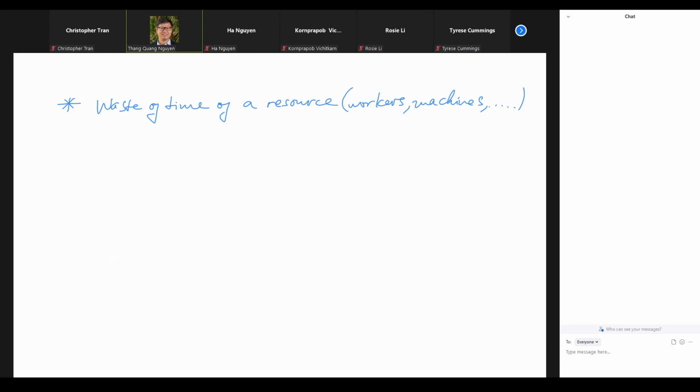So the time of a resource can be broken down into the following components. The first one is called the work time, right? And the second one is called the waste time.